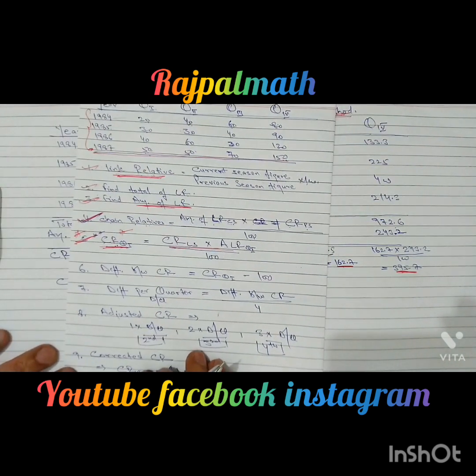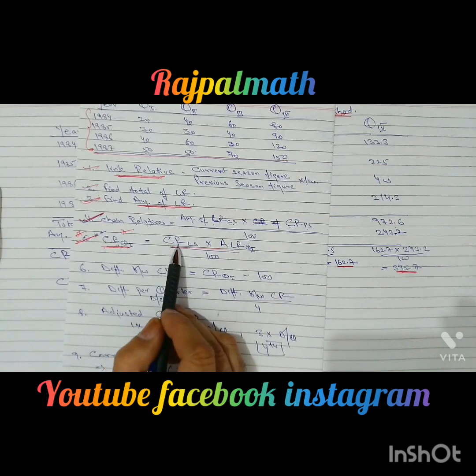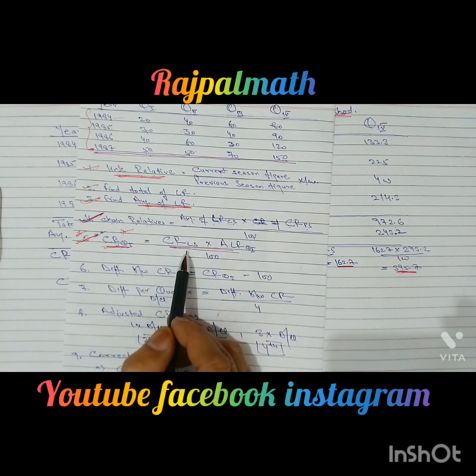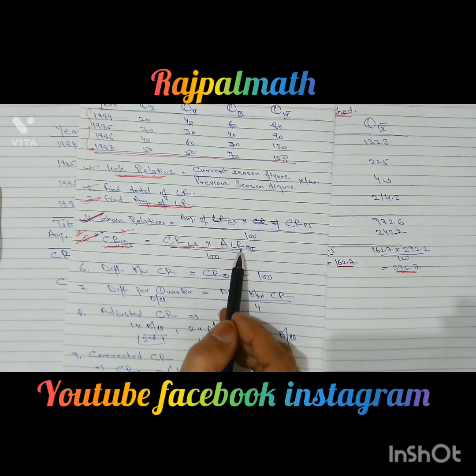Formula is chain relative of first quarter is average of LR of quarter 1 into CR of last quarter divided by 100.